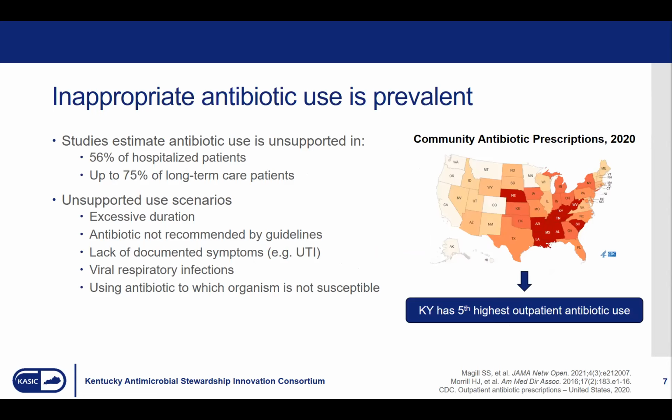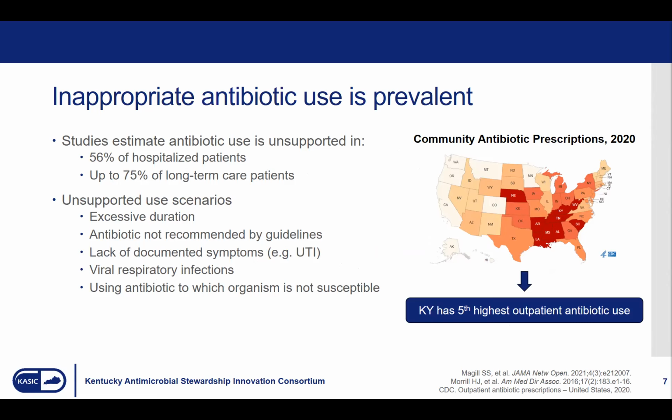Unfortunately, we know that inappropriate antibiotic use is quite prevalent. There are some large studies, particularly in hospitalized patients and long-term care patients, that show very high rates of inappropriate antibiotic use. There are various reasons for this inappropriate use.